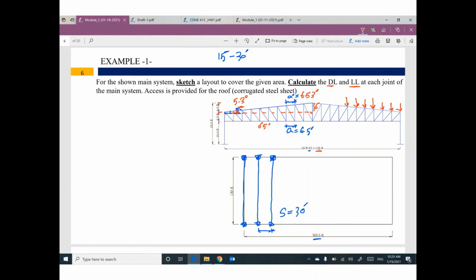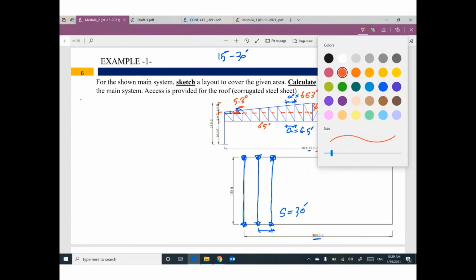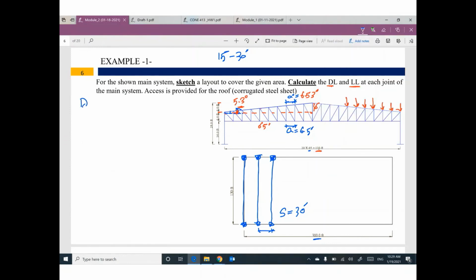Okay, let's start with the dead load. I'm going to assume W structure is 100.